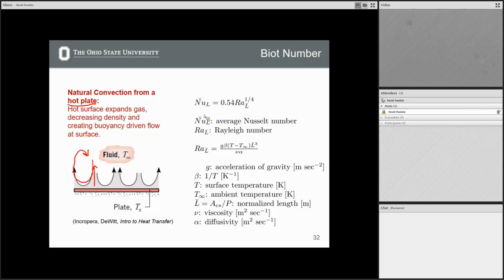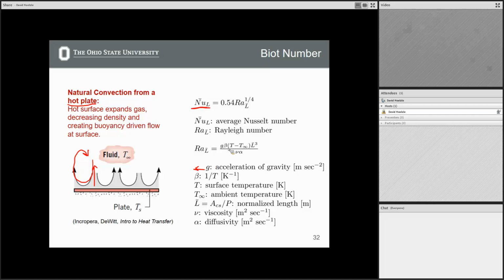In this problem, we're going to be using the Nusselt number again, which is what we saw with forced convection. But in that case, the Nusselt number was a function of the Prandtl number and the Reynolds number. Here, we actually use the Rayleigh number.